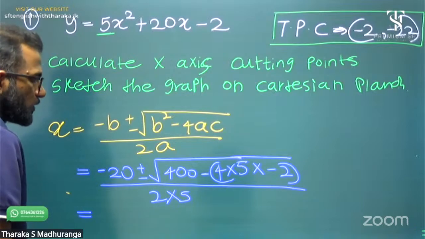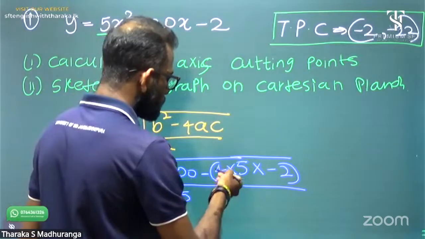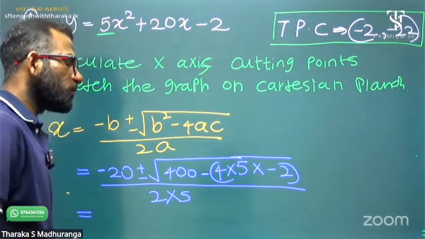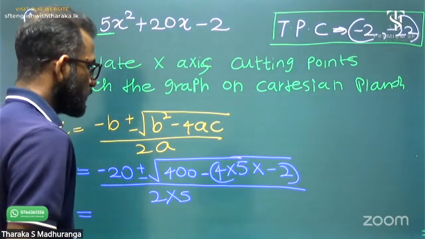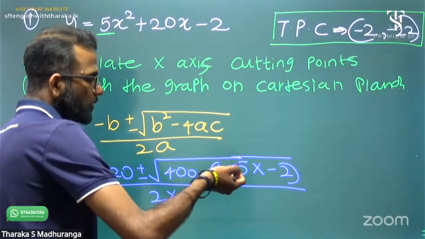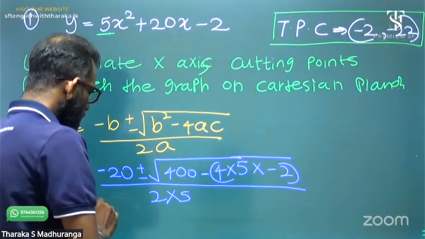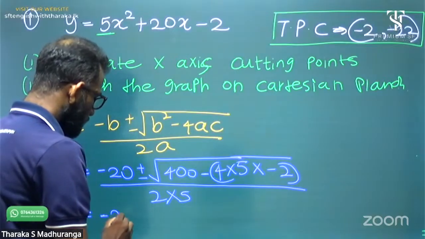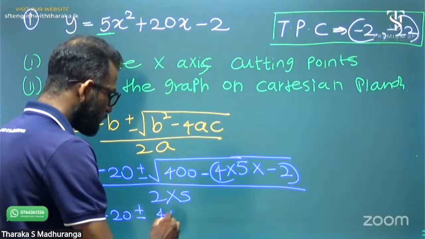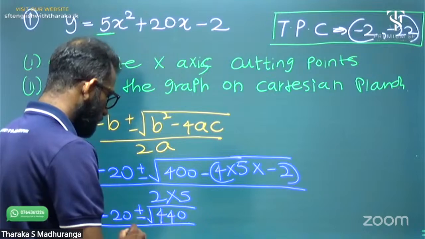Minus 20. Now, 400 minus 4 into 5 is 20, 20 into minus 2 is minus 40. Minus minus 40 means plus, so it is 440. Minus 20 plus or minus the square root of 440, divided by 10.